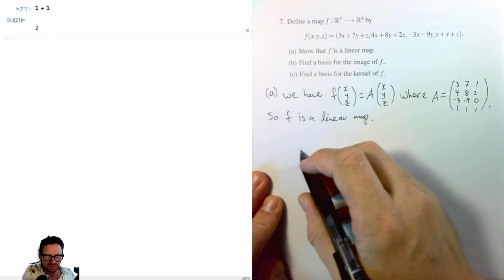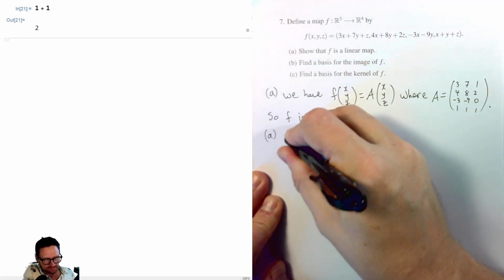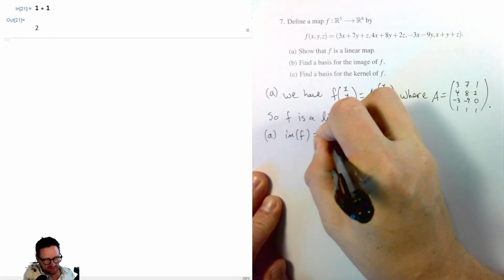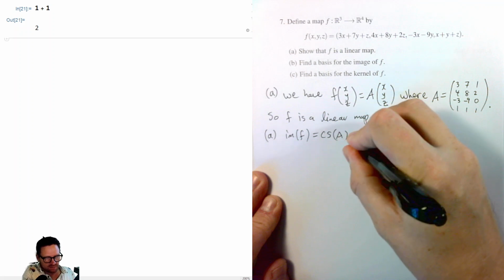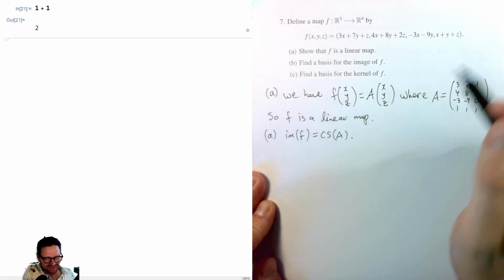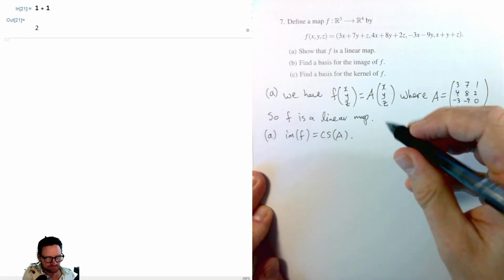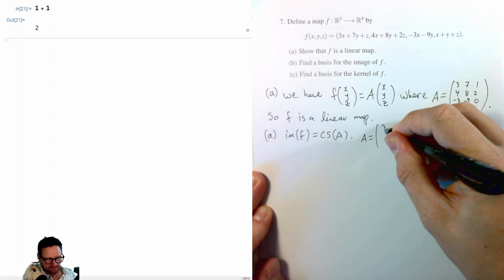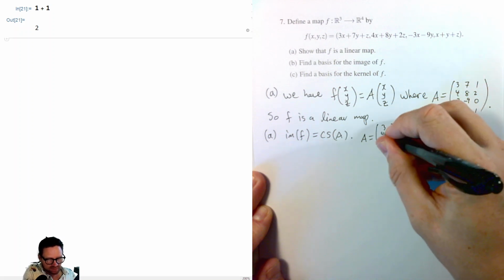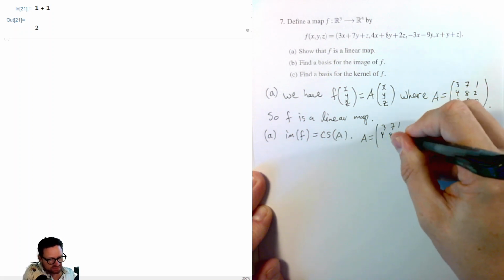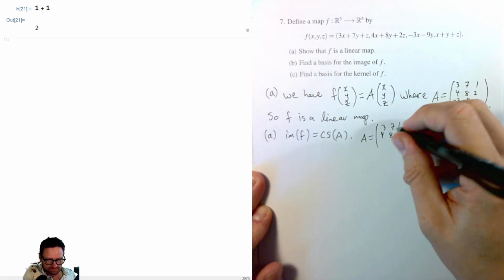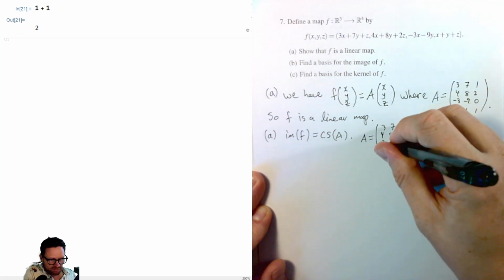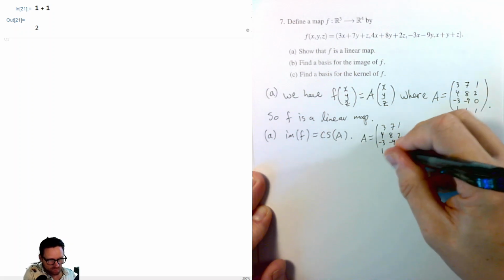Okay, so now for the image, so part B. The image of F is equal to the column space of A, which we can find by row reducing the matrix A. And so A is equal to 3, 7, 1, 4, 8, 2, minus 3, minus 9, 0, 1, 1, 1.